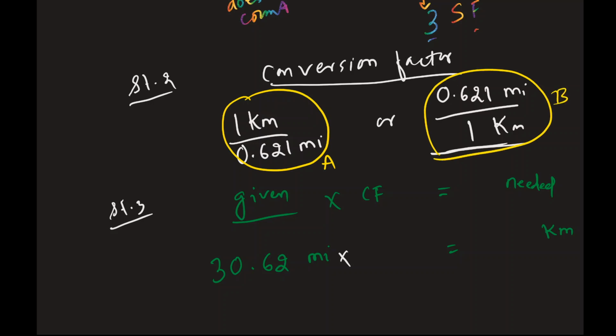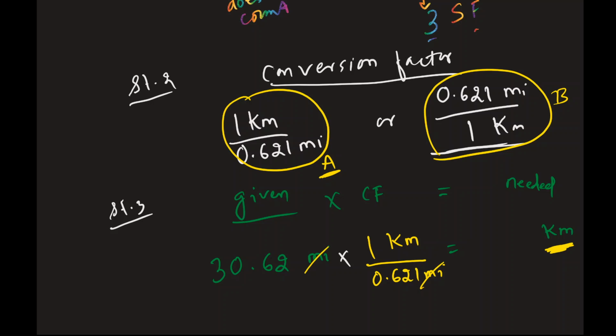Think for a second. You want kilometer on top. So which one has kilometer on top? Conversion factor A has kilometer on top. So 1 kilometer per 0.621 miles, and miles got cancelled. And when we multiply those, let me use my calculator.